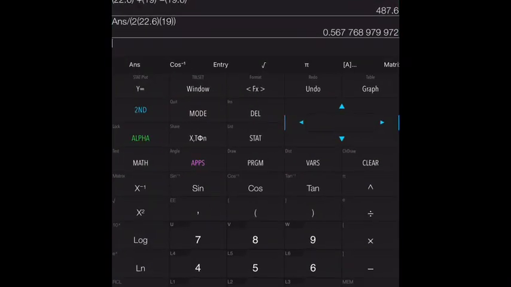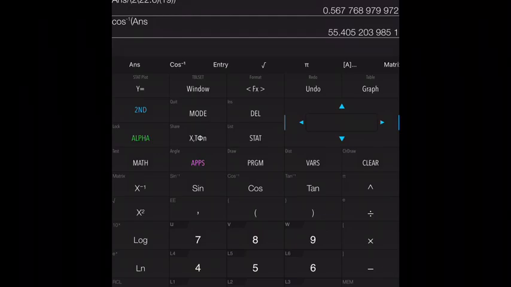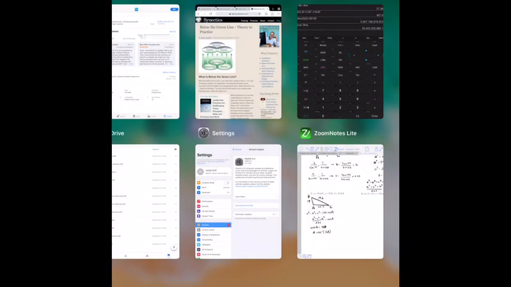Then we do the inverse cosine of 0.568. We get 55.41 degrees.